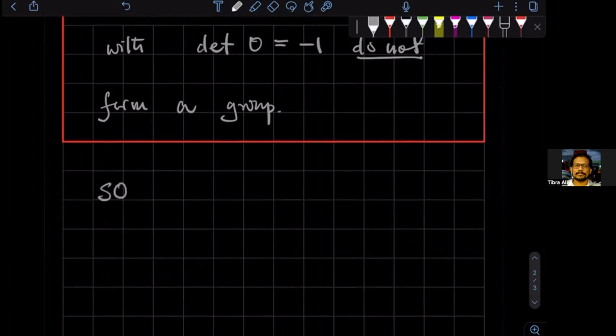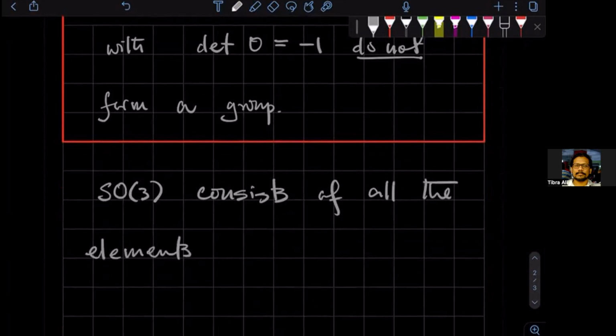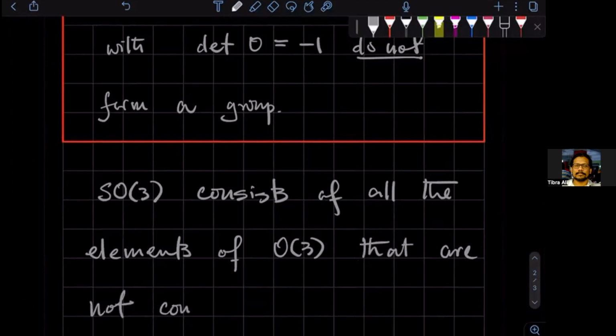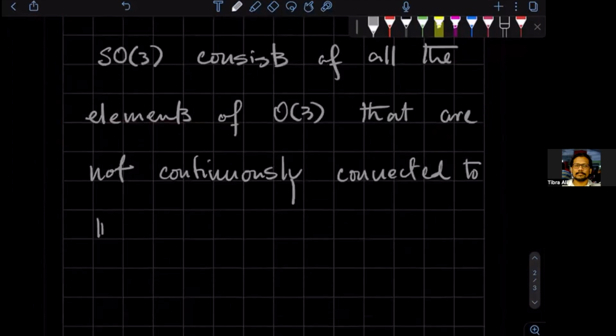So we said that one way of characterizing SO3 is that it consists of all the elements of O3, I should say, that are not continuously connected to the identity.